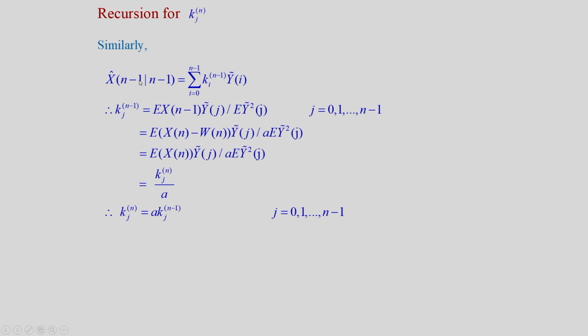We will first write the estimator at time n minus 1, x hat at n minus 1 given data up to n minus 1, which is given by this relationship: summation k I n minus 1, I going from 0 to n minus 1, y tilde I.